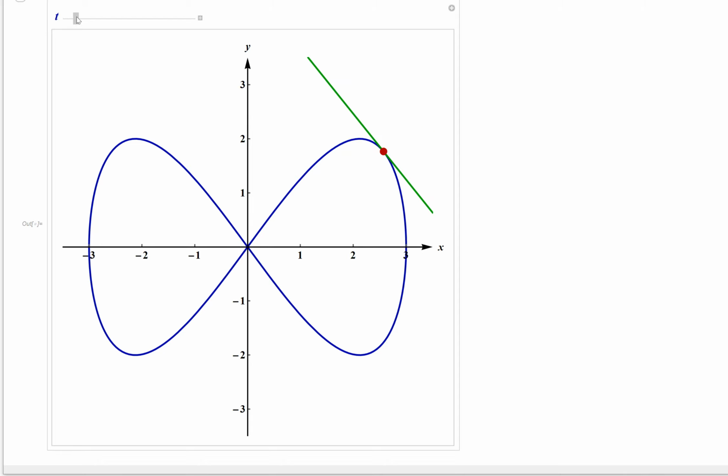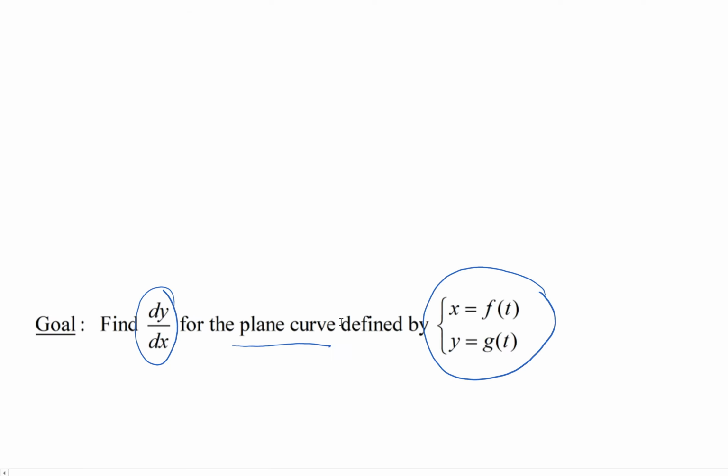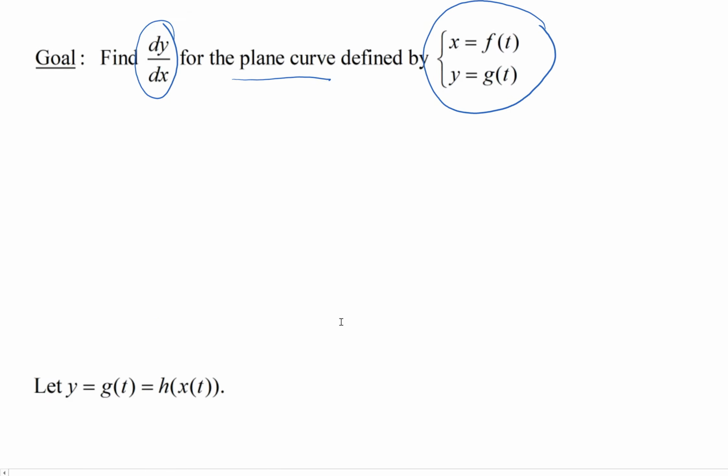And as I move along the curve, keep moving along, the t value, the parameter is changing, and the values of x and y are both changing. And at any given value of t, I should be able to find what the slope is at that particular x and y coordinates on the curve. So we'd like to figure out what that is. All right. So that's the goal.